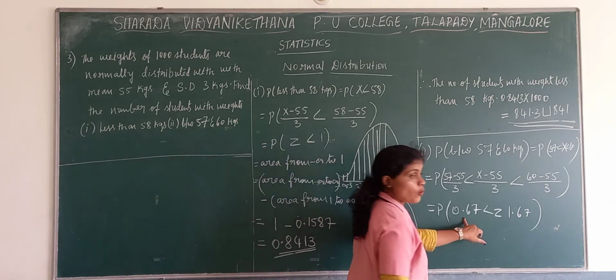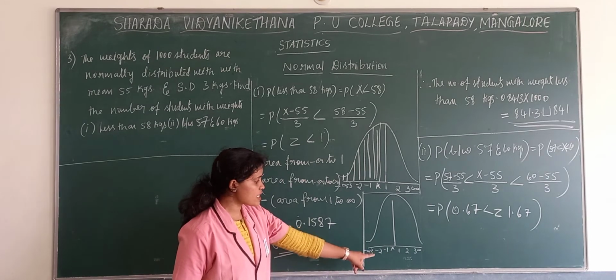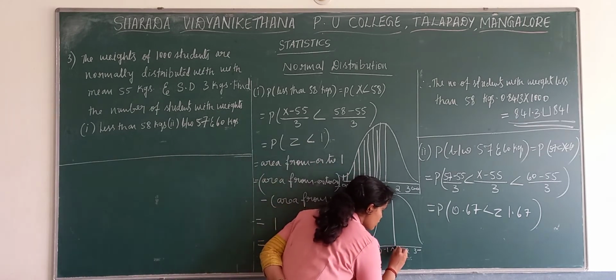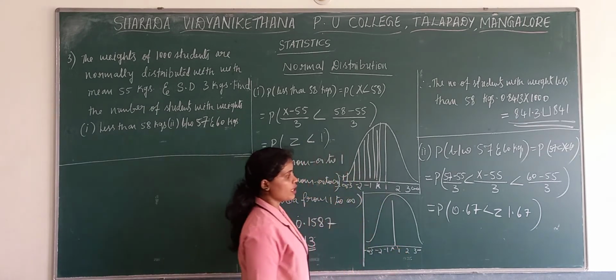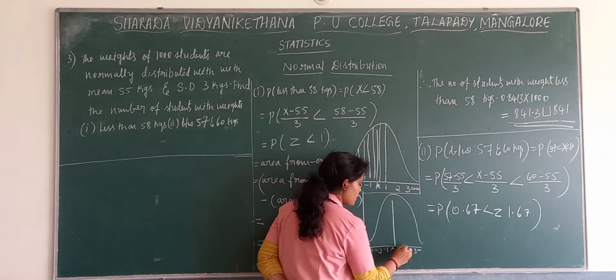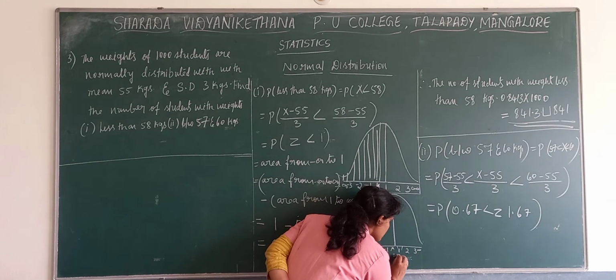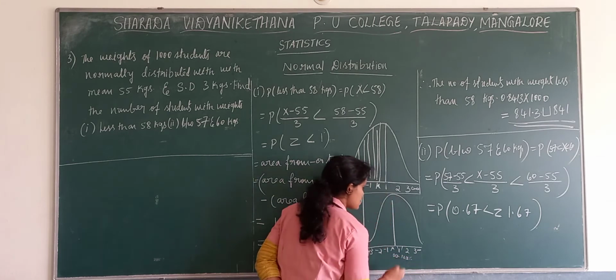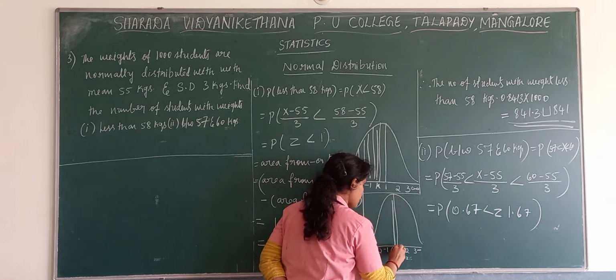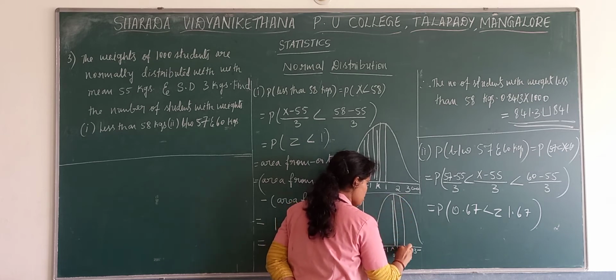Now 0.67, where will 0.67 fall? 0.67 will come on an average here. Then 1.67 will be here. So the area from here, 0.67 to 1.67. 0.67 will come here, 1.67 will be here.